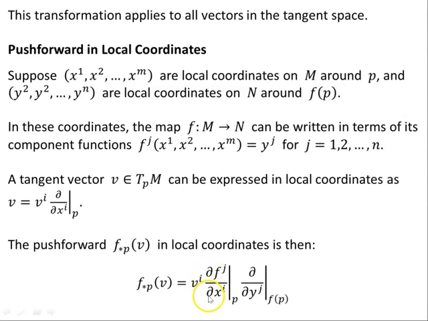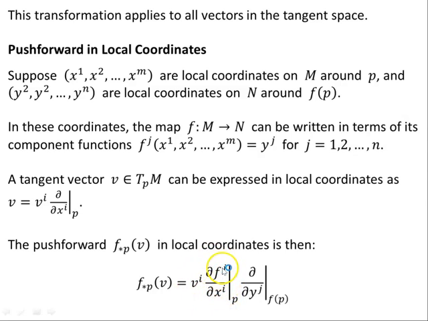Remember, the partial over partial xi is acting on fj, the component functions, and then expanded in the basis on the manifold N, which is the basis vectors partial yj evaluated at f of P. Remember, this is evaluated at P, this is evaluated at f of P. These are the basis vectors on manifold N, and these are the components on M.